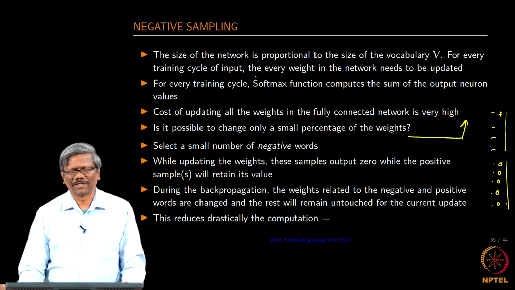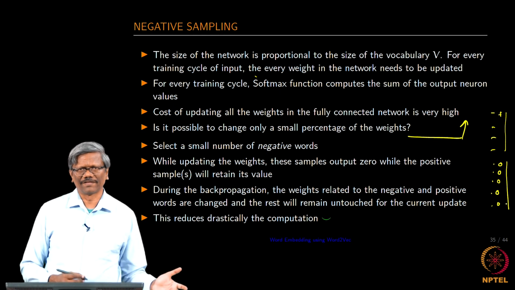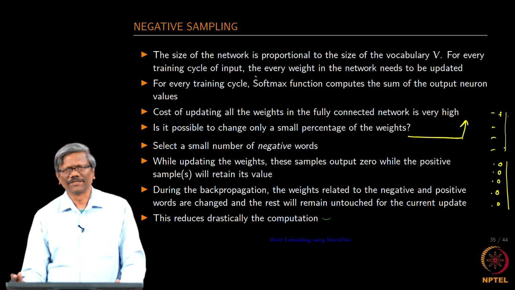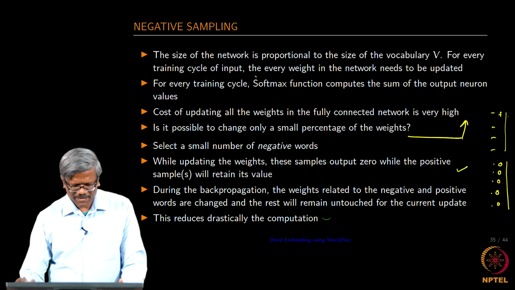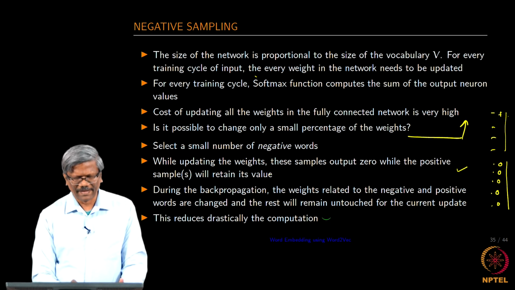Instead of computing every weight in the embedding as well as the context matrix, we are only changing a certain number of weights. And this is what is given here. While updating the weight, these samples output 0, while the positive samples will retain the values.